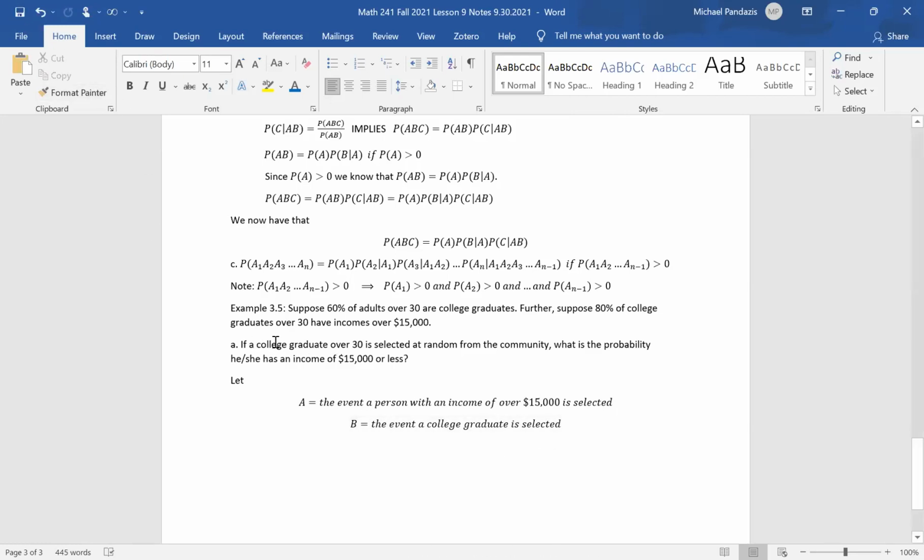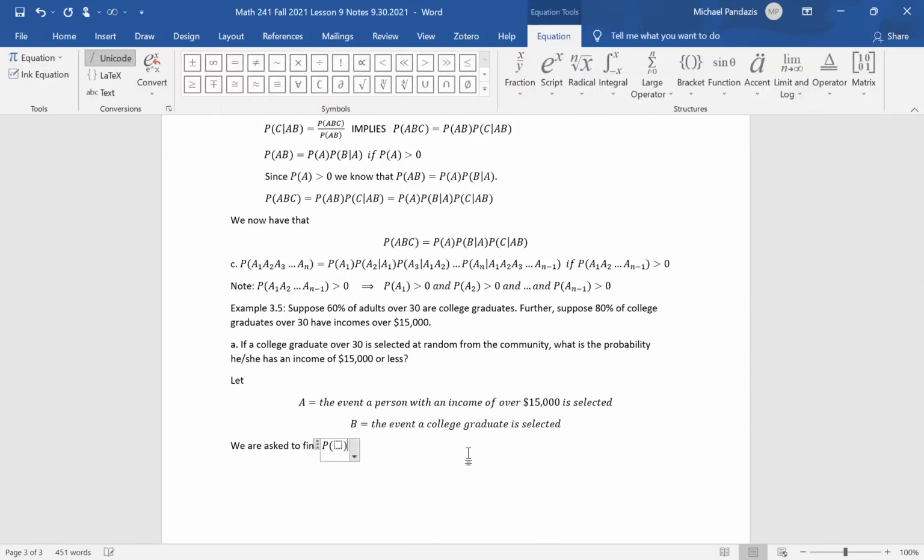So the question is saying if a college graduate over 30 is selected at random from the community, what is the probability he or she has an income of $15,000 or less? So we are asked to find the probability of, well, what is the given?